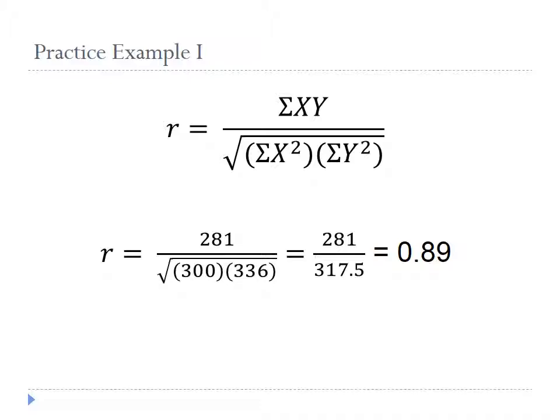We can plug those into the formula for the Pearson product moment equation, and we end up computing a value of 0.89.